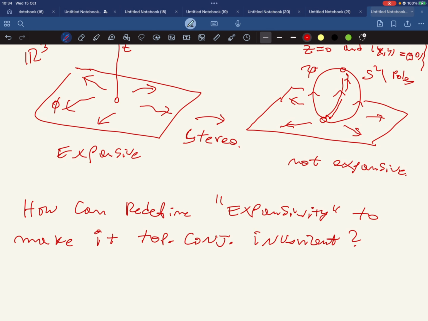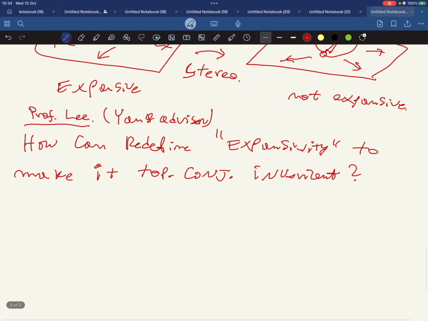This question, I should mention Professor Lee here, the young advisor, who I can say is the first person to make this kind of question. One definition appeared in the literature. This is by Jung, Nguyen, and Yang.